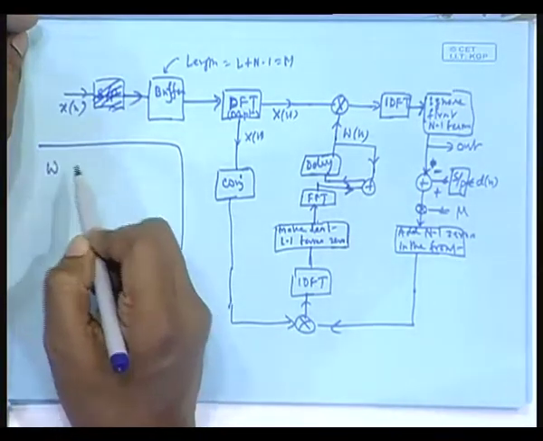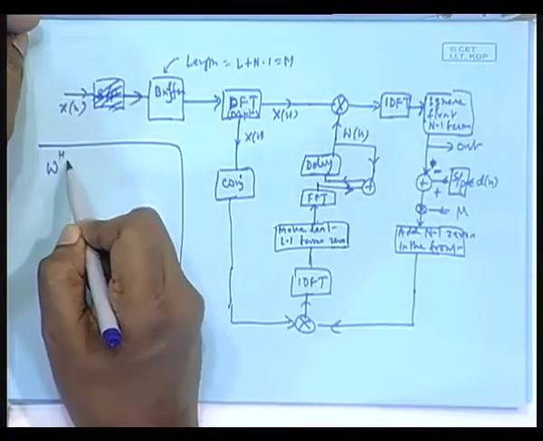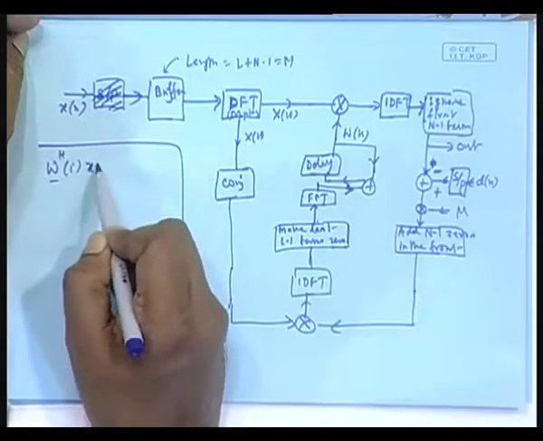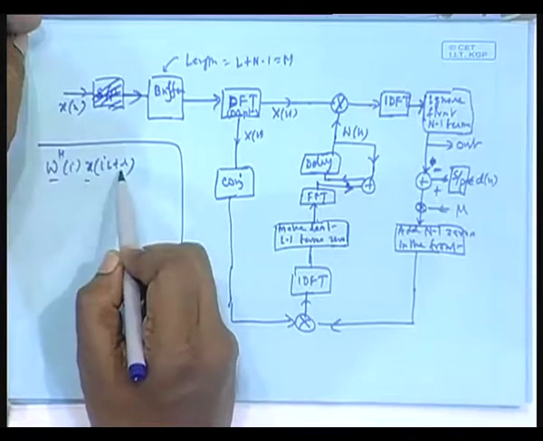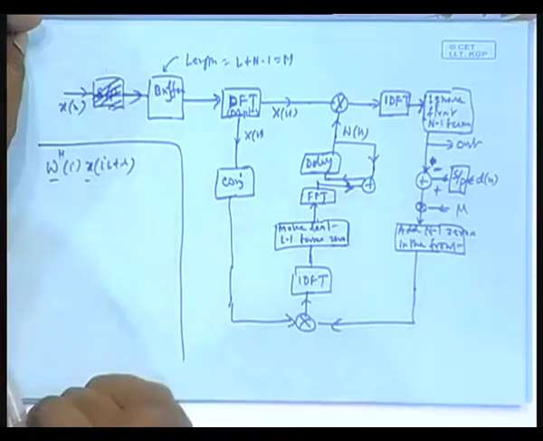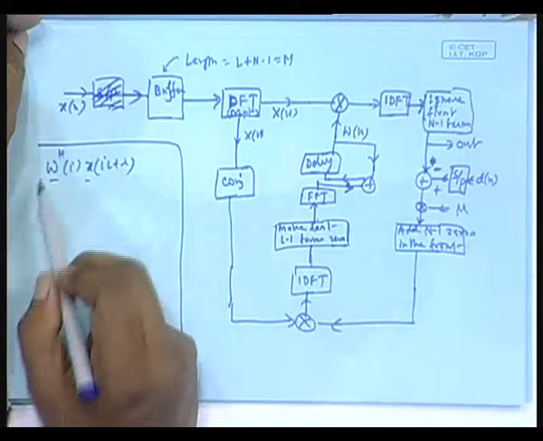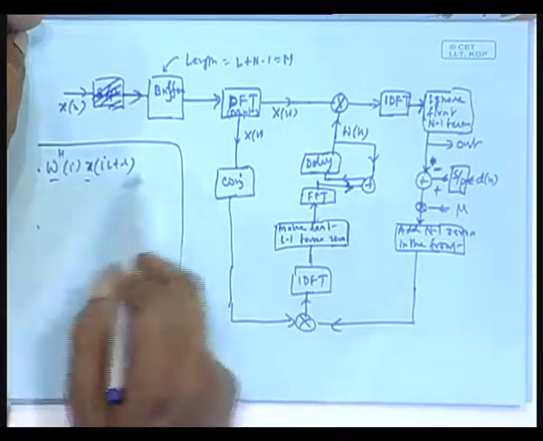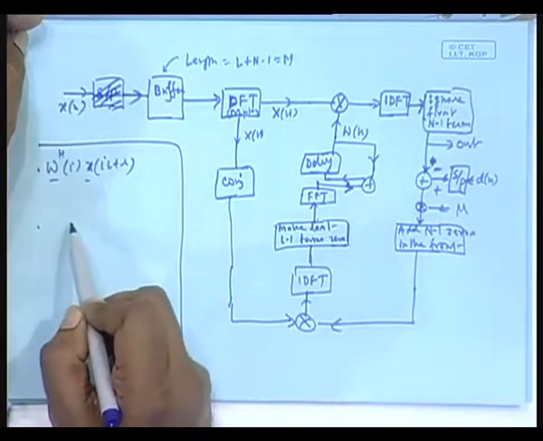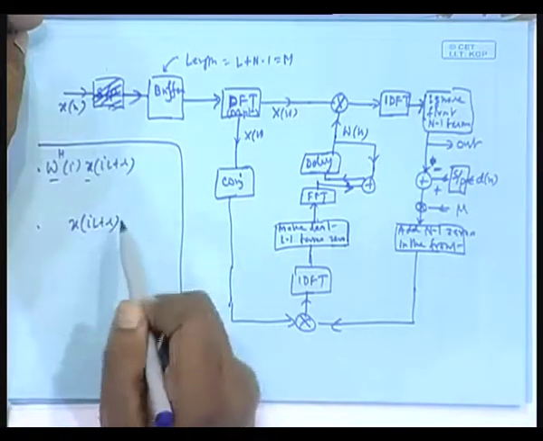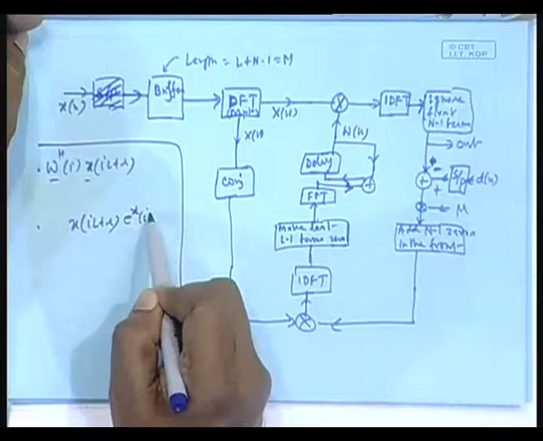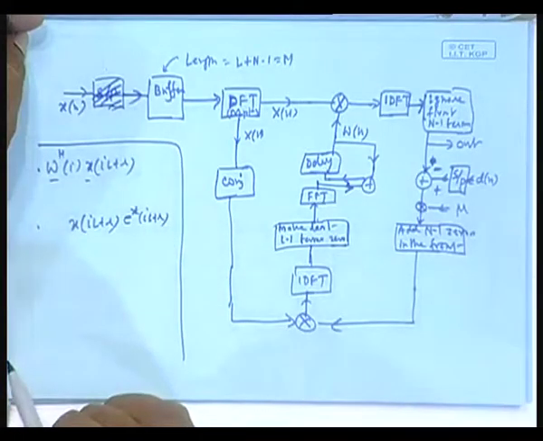We have W Hermitian times x(iL+R), this kind of thing, isn't it? For r equal to 0, 1, 2. That is one thing in the filtering part, and in the weight update part the term is x(iL+R) e star(iL+R). These terms would have come.